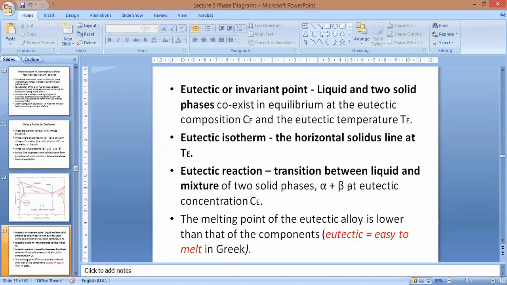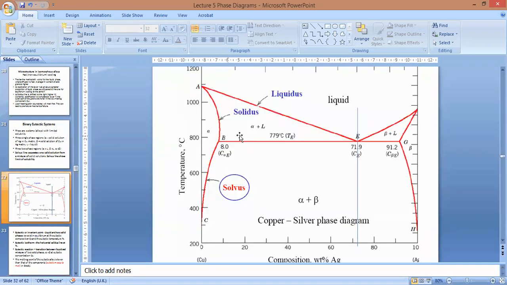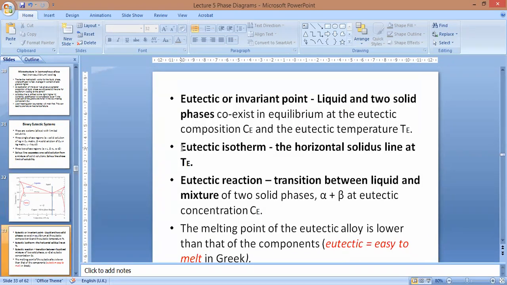Then the eutectic isotherm, that is the horizontal solidus line at TE. This is the one being talked about here. Then we have the eutectic reaction.